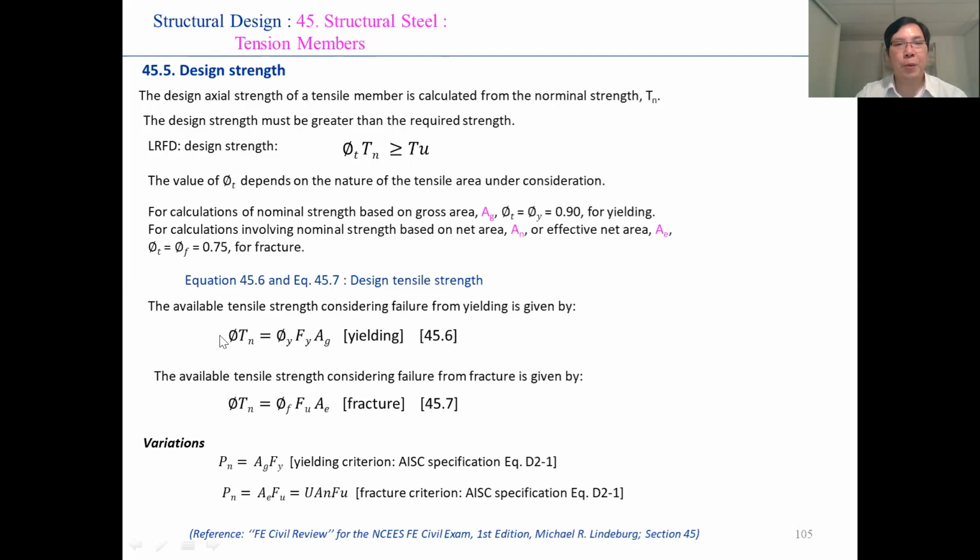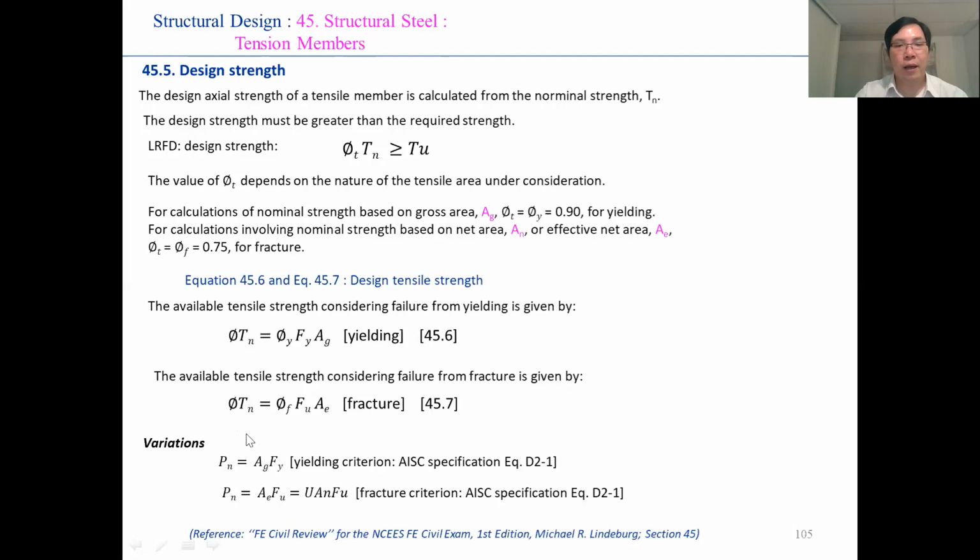The available tensile strength considering failure from yielding is given by this equation. The available tensile strength considering failure from fracture is given by this equation.